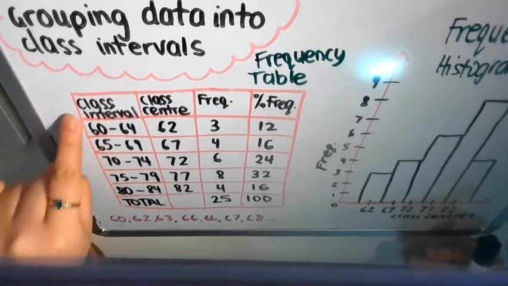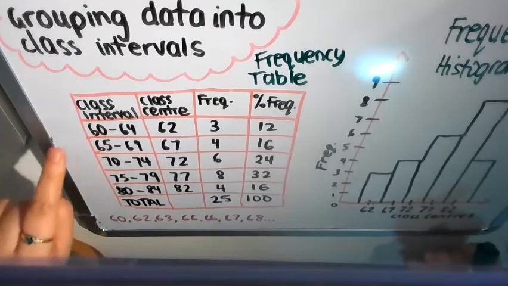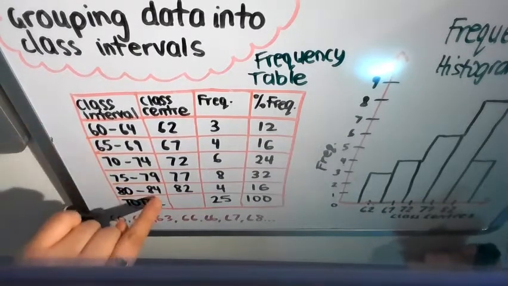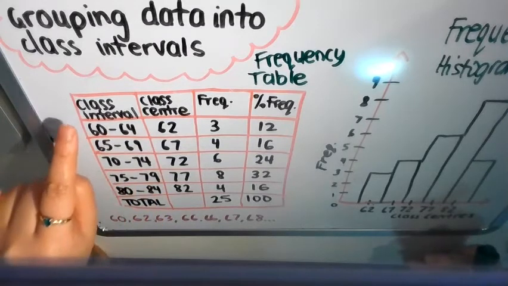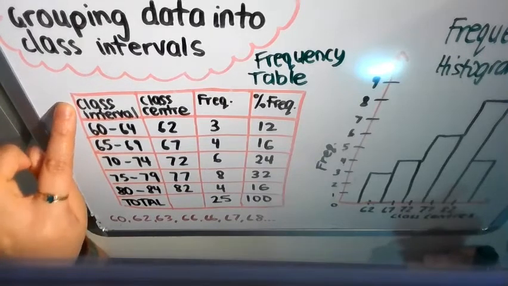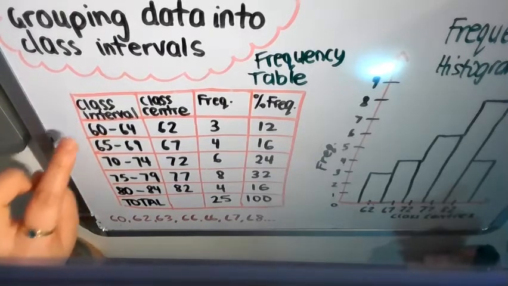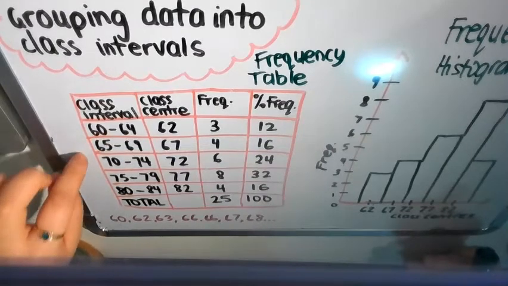What this means is that all of the data lies between 60 and 84. The classes that we group them into are called class intervals. Usually we group them into groups of 5 or 10.